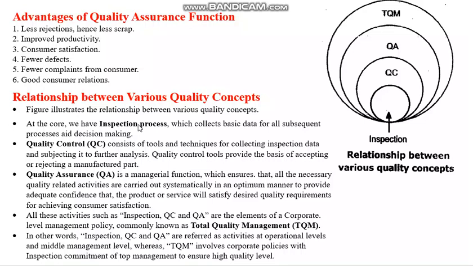Okay, then relationship between various quality concepts. Now, actually these are all evolving. Now you can see in this diagram, this figure illustrates the relationship between all these quality concepts. Actually initially there was only inspection they were doing. This is the inner circle, this is the inspection.